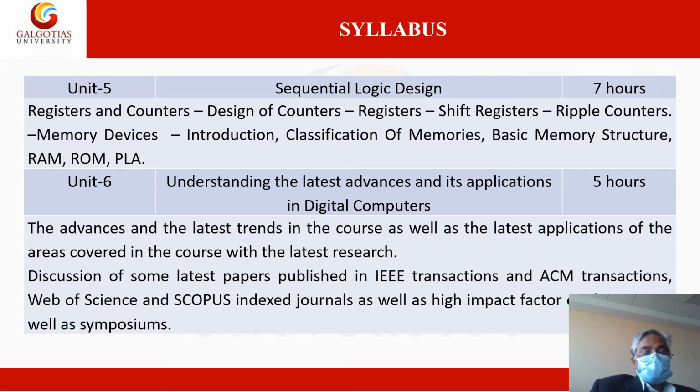We will also discuss some latest papers published in IEEE Transactions and ACM Transactions, as well as Web of Science and Scopus indexed journals. You will also know about impact factors. What are impact factors?